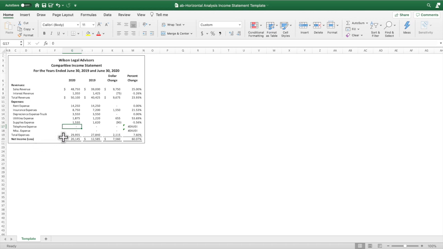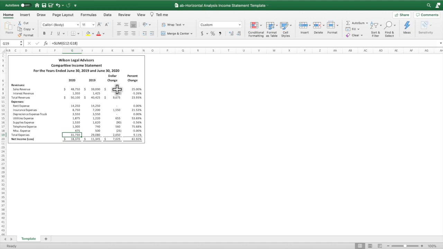Our telephone expense in 2020 was $1,300. In 2019, it was $740. So we see a 75.68% difference there. Our miscellaneous expense was $475 in 2020 and $500 in 2019, and we see a negative 5% change there.